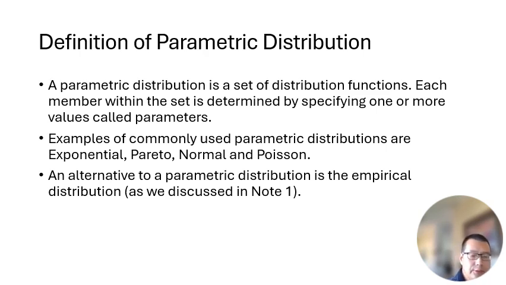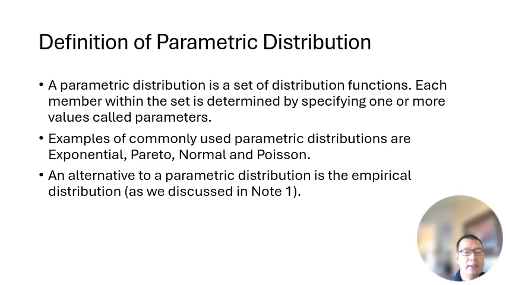An alternative to a parametric distribution is the empirical distribution, as we discussed in Note 1. The empirical distribution really just means we don't know the real distribution of the random variable, so we just have a sample of it. We record the sample and use it to approximate the real distribution, which we don't know.